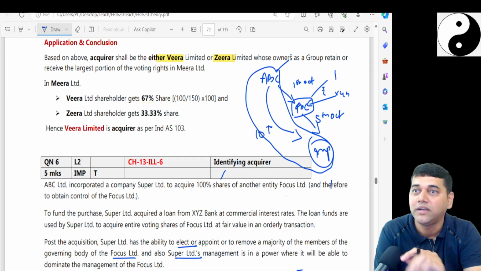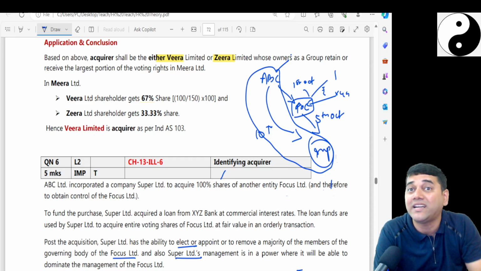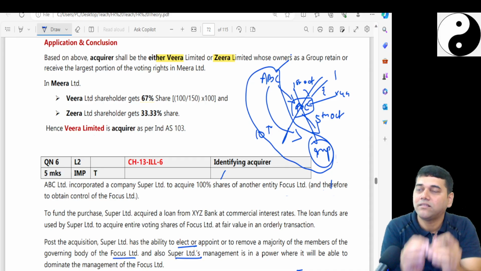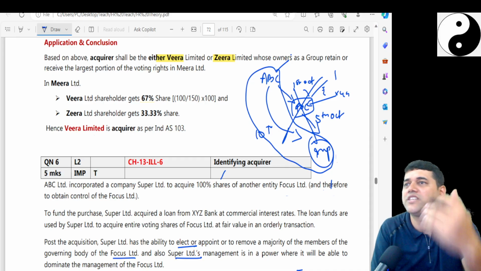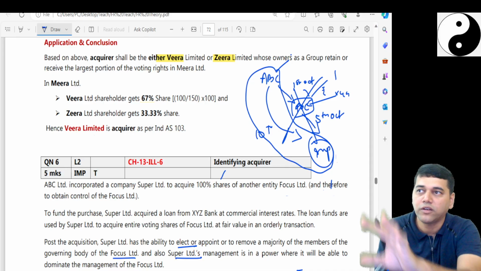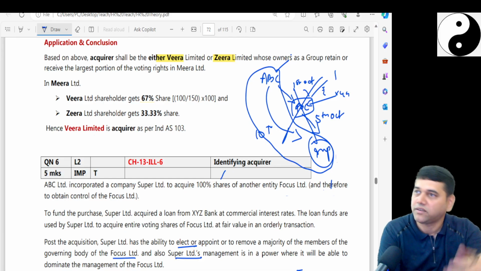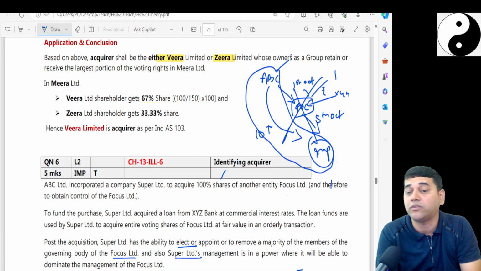But no. This setup is called a transitory control. You have to ignore this transition. It's a matter of professional judgment. There is one concept called transitory control, which we have not discussed yet.